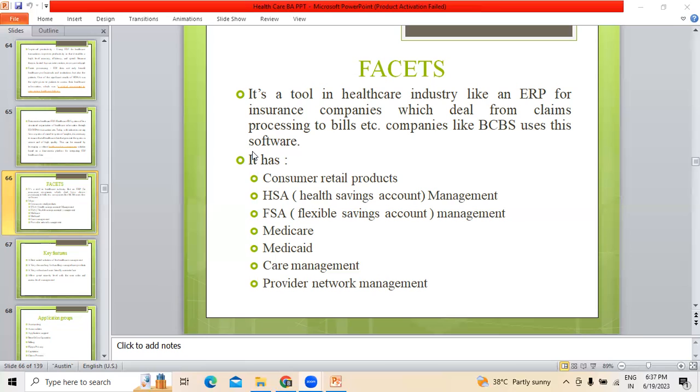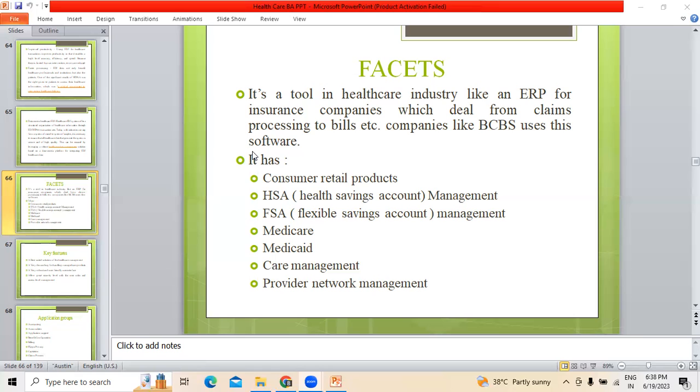Based on the request they have received, they follow whatever process is required. So facets is an ERP claim related application used majorly by insurance companies to manage claim processing, because claim forms will be received from different providers.